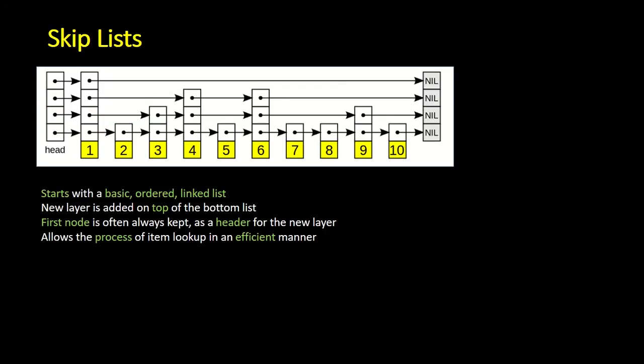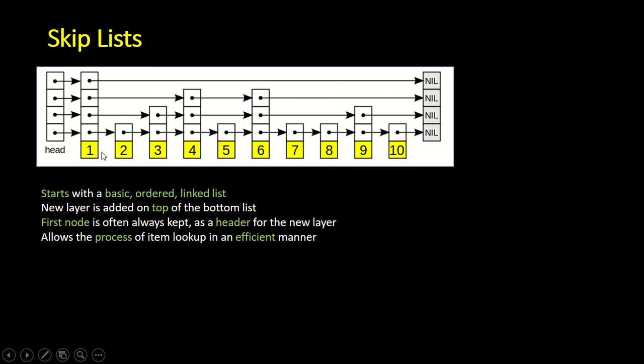Skip lists are also a list which starts with a basic ordered linked list right here. Every node is connected, and a new layer is added on top of the bottom list. The new layer is the one right here, and so on for every layer on top. The first node is always kept as a header for the new layer.